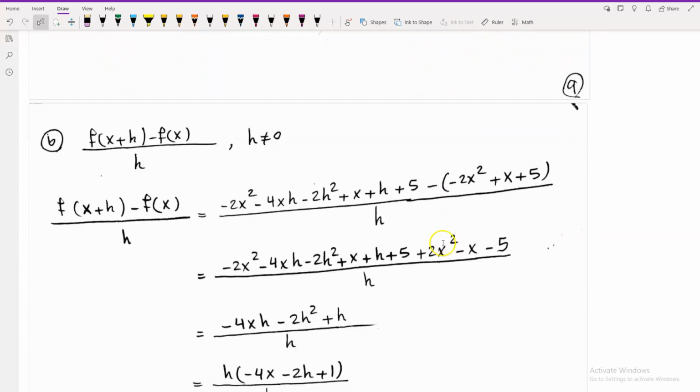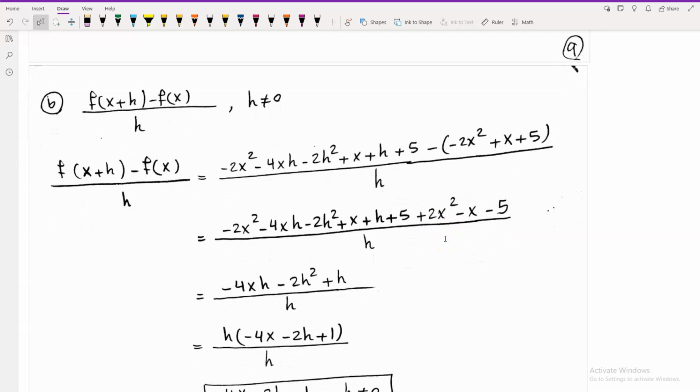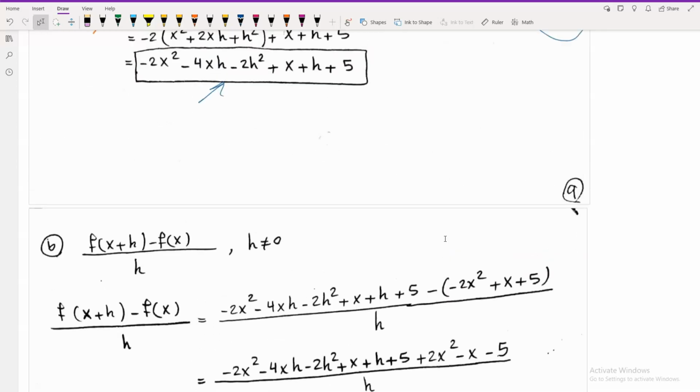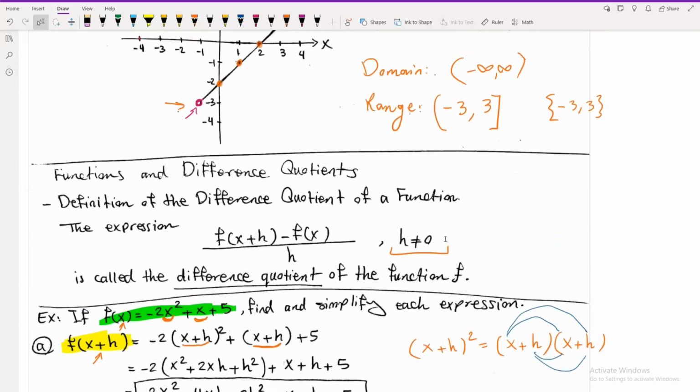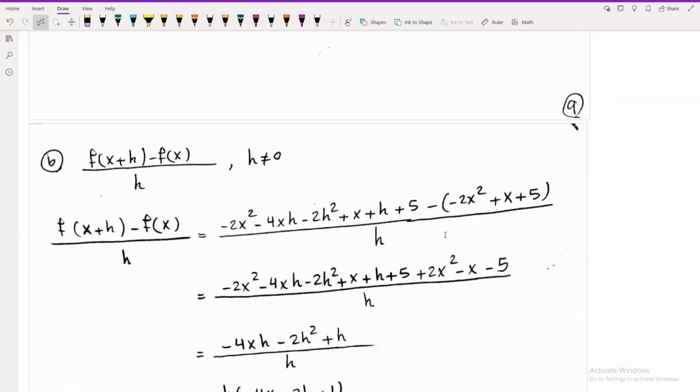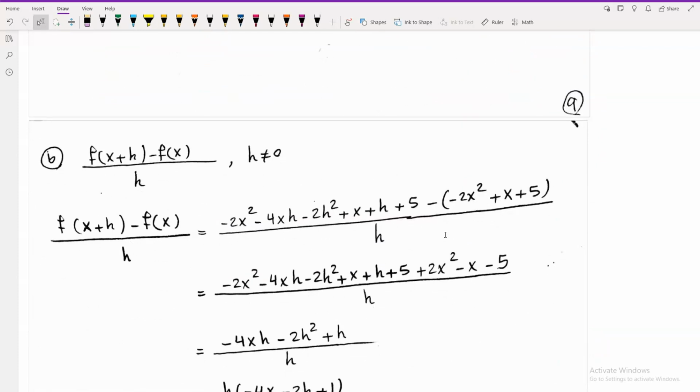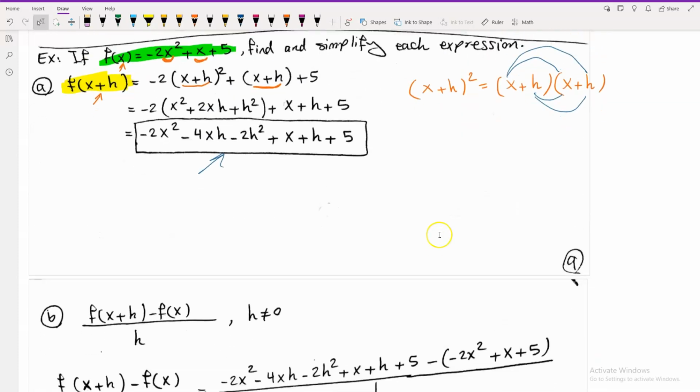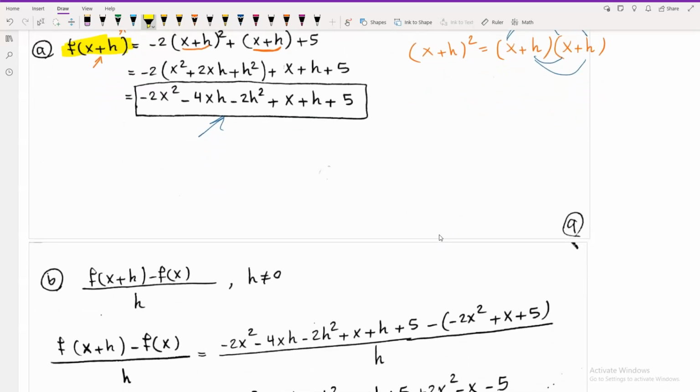And part B is asking to find f of x plus h minus f of x, divided by h. The one that we had here on this part. The one that was called the difference quotient of the function f. So we have f of x plus h from part A. Use that one here instead of f of x plus h.